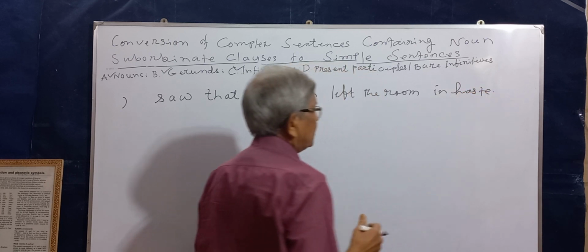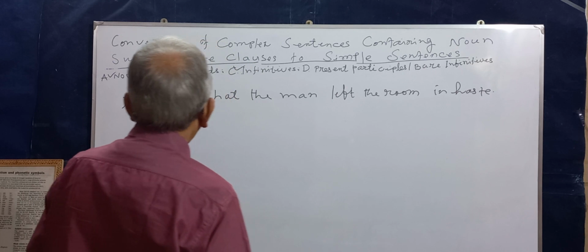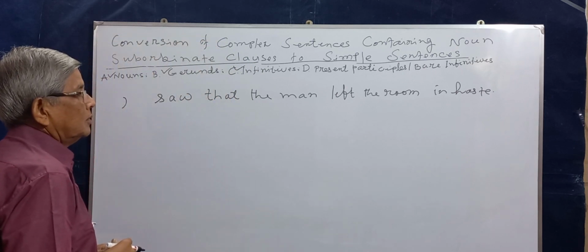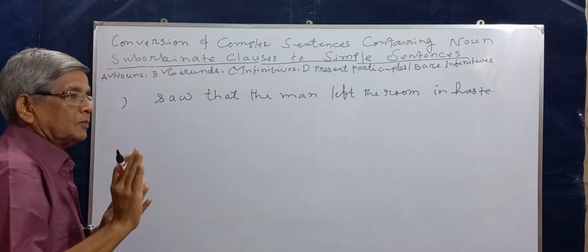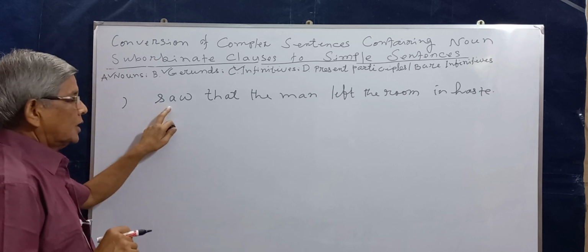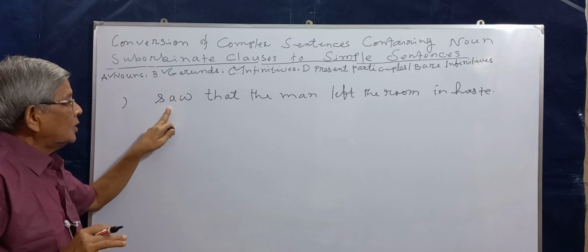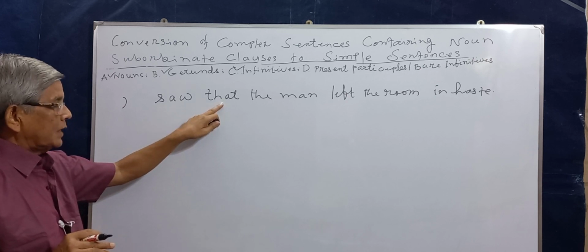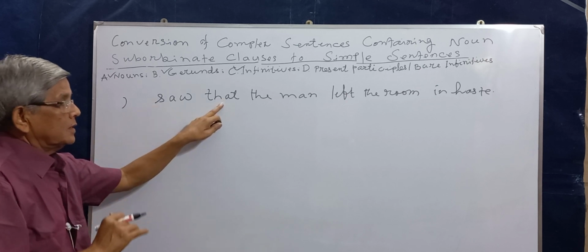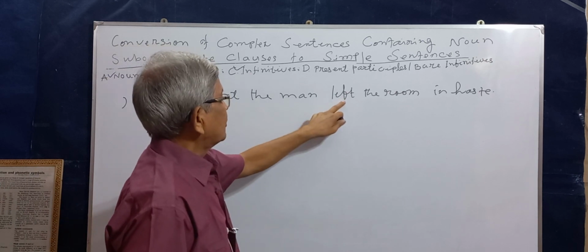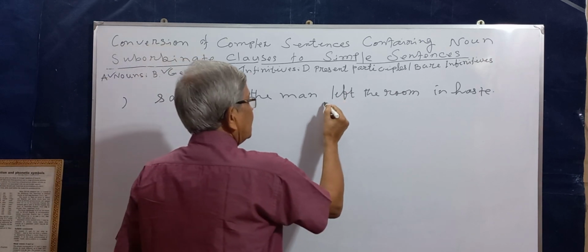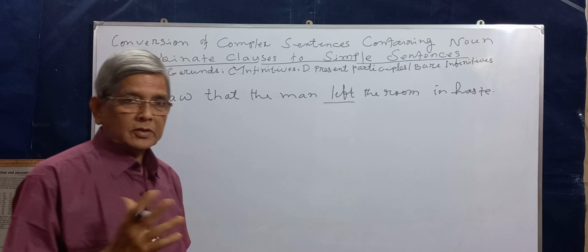In haste means in a hurry. I saw that the man left the room in haste. We have three conditions. The verb in the principal clause is a verb of perception. Here it is saw. The conjunction is always that only, that in this pattern. The verb in the subordinate clause here is left. It is in the active voice, past simple tense.